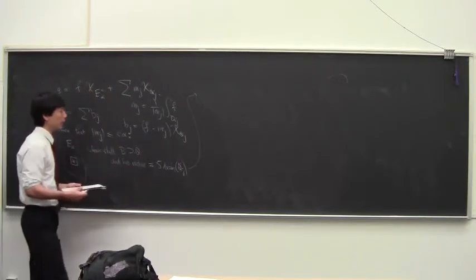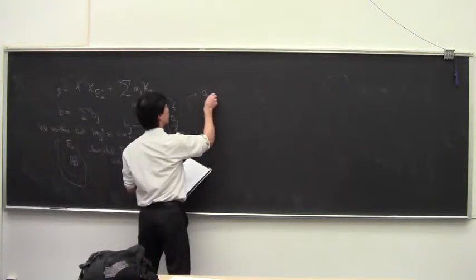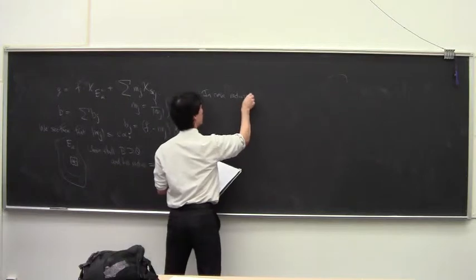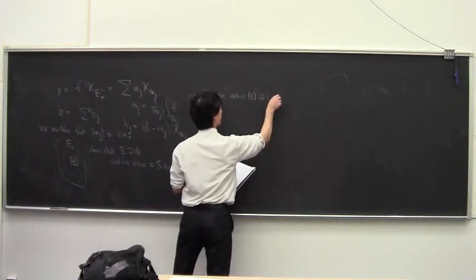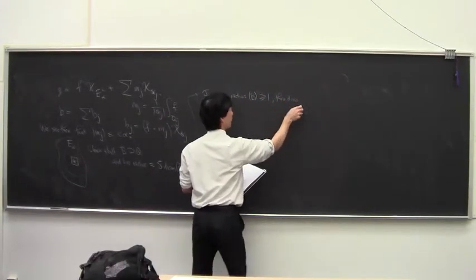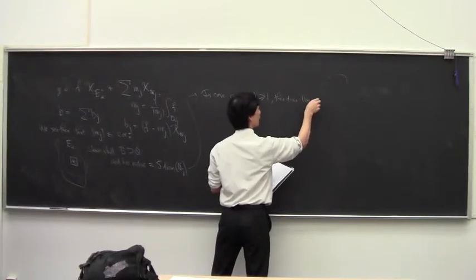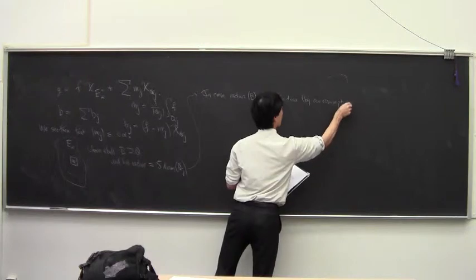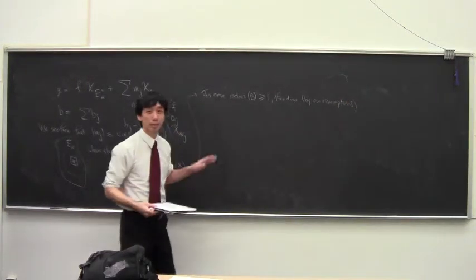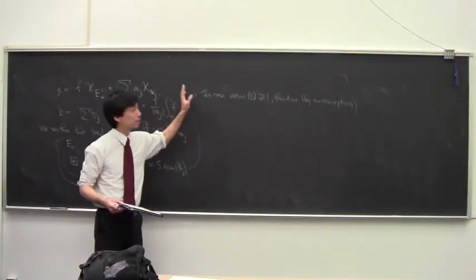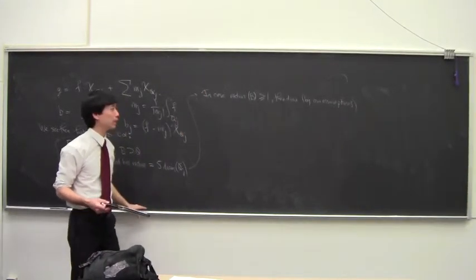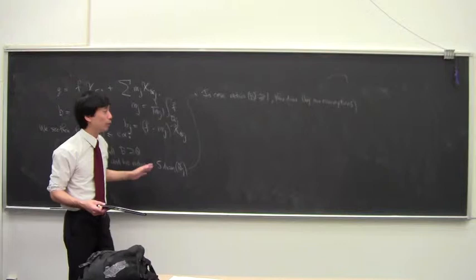So in the case the radius of the ball exceeds 1, then we're done by our assumptions. We broke it up into two cases. For the big guys, it was immediate that we were done, because the L1 norm was less than 1.